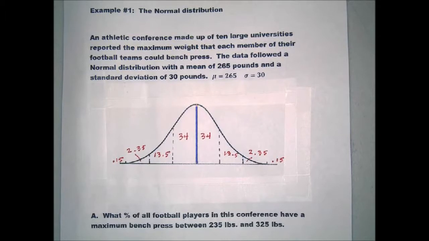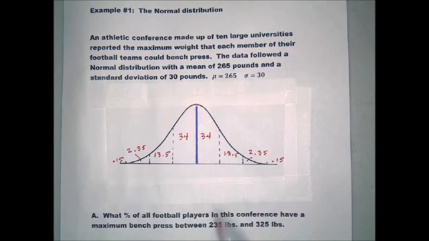Now, these sections are really important to answering actual questions that are going to be asked about the problems. If you're having trouble figuring out where those numbers are coming from, go back and look at the previous introduction to the topic where I explained how we use the empirical rule to get these numbers.